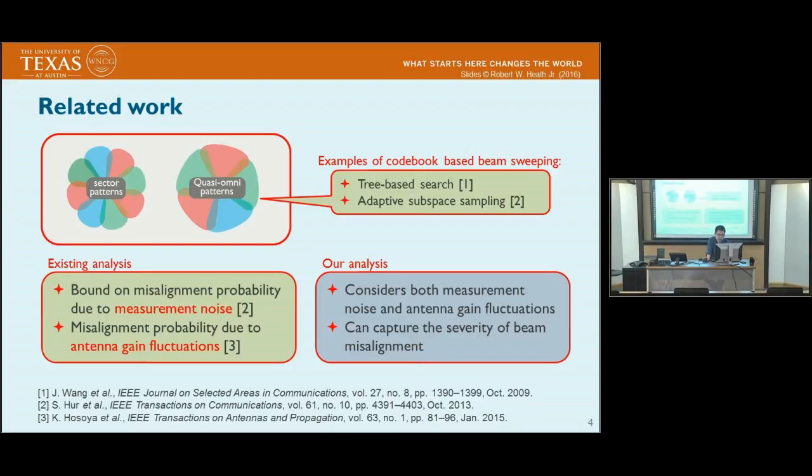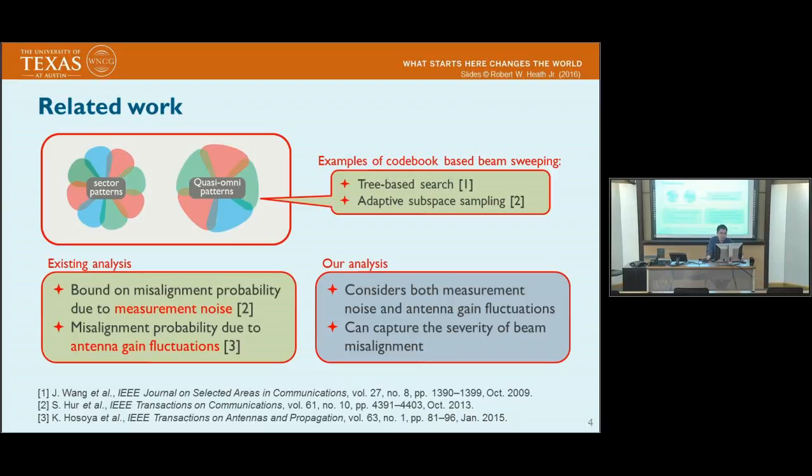One is a tree-based approach, meaning we search level by level, with different levels of codebook, trying to search with different resolutions. Another approach is a more sophisticated one, called adaptive beam subspace sampling.